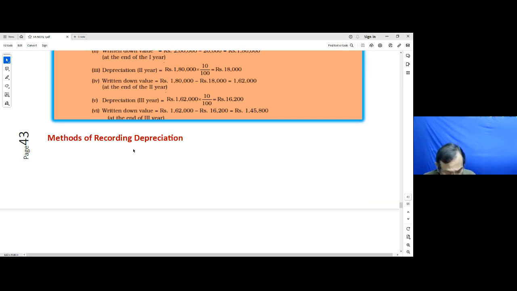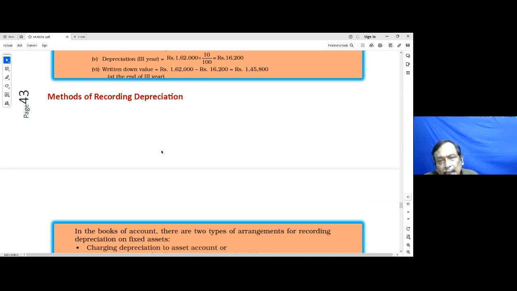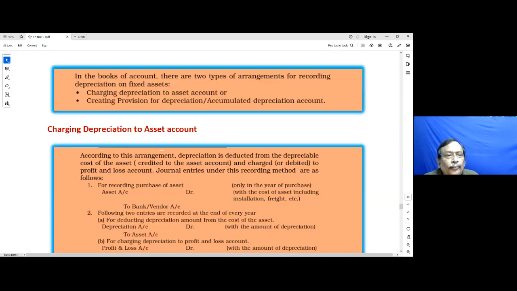Now, the next question that comes to our mind: what are the various methods of recording depreciation in the books of account? We have to record the depreciation in the books of accounts, and we are going to discuss the various methods.